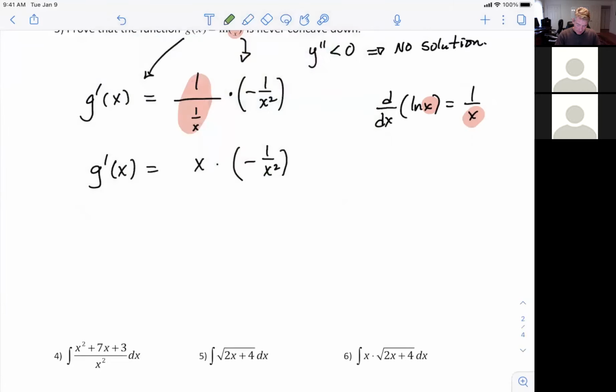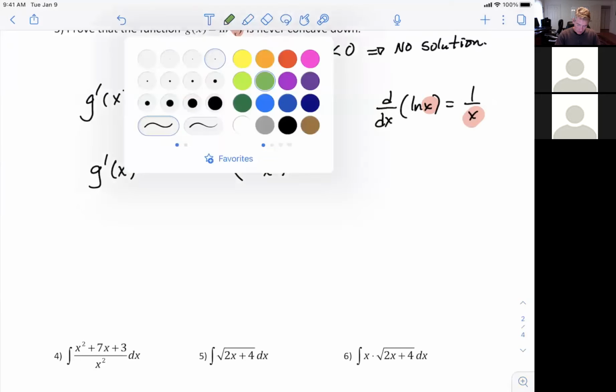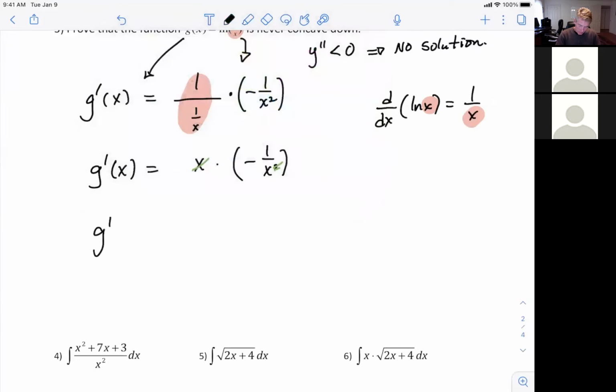And next, this x is going to cancel one of these x's. So once I simplify the first derivative, that's going to be negative just 1 over x. So there's the first derivative, and now for the second derivative.